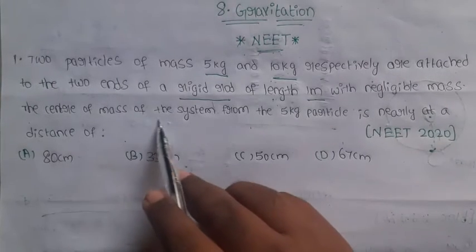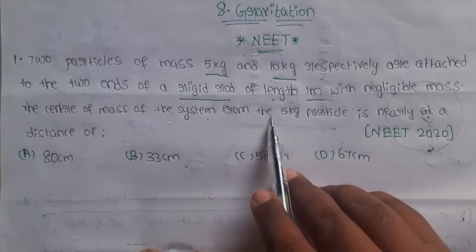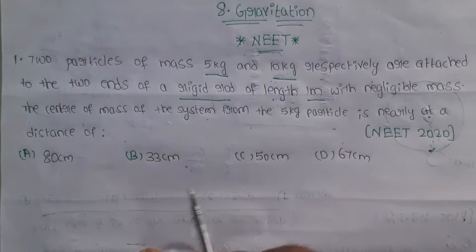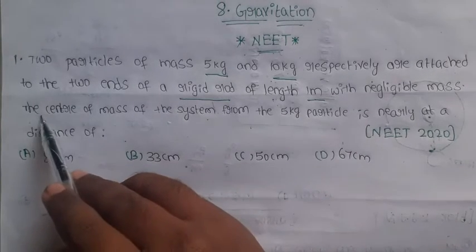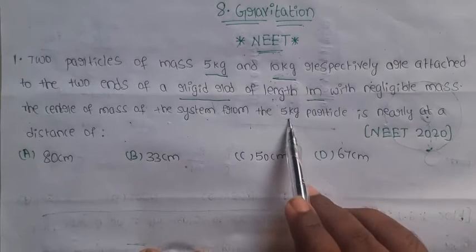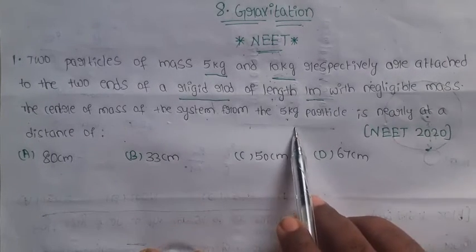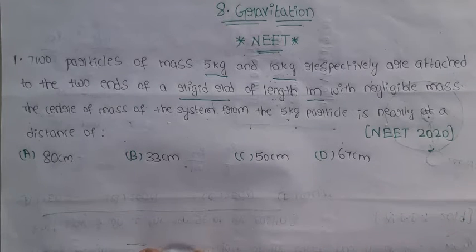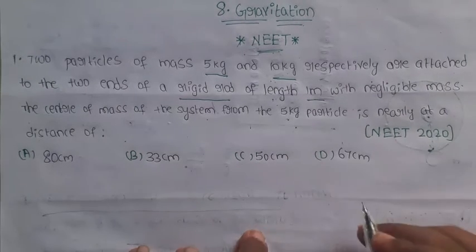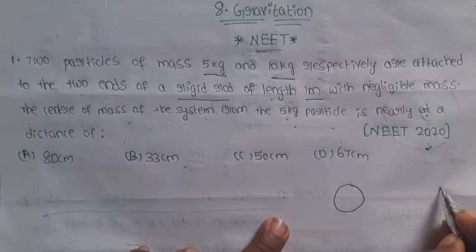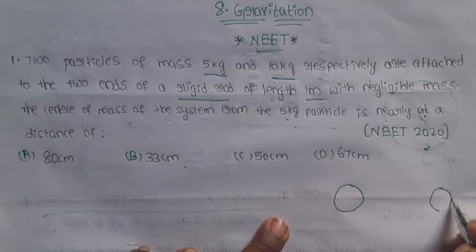The center of mass of the system from the 5 kg particle is nearly at a distance of, we are going to find the center of mass that is near to the 5 kg particle. What is the center of mass distance? Here two particles, this is the first particle, this is the second particle.